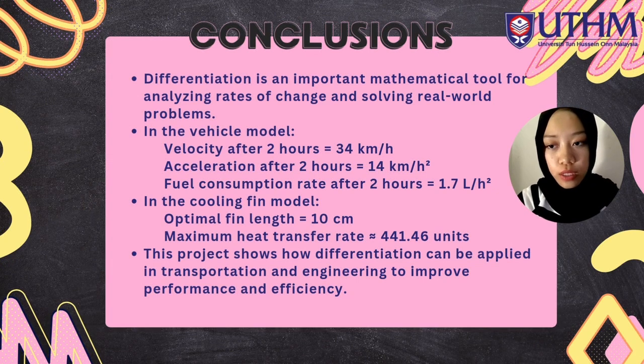For the cooling fin model, the optimal fin length was found to be 10 centimeters, which gives a maximum heat transfer rate of approximately 441.46. Overall, the result shows that differentiation is a useful tool for analyzing change, finding optimum values, and improving efficiency in engineering and transportation applications.